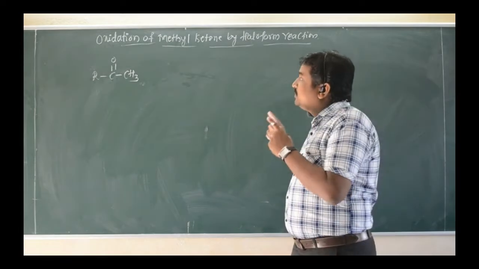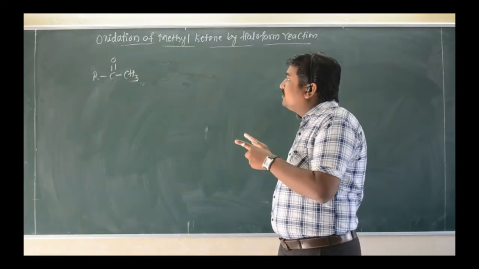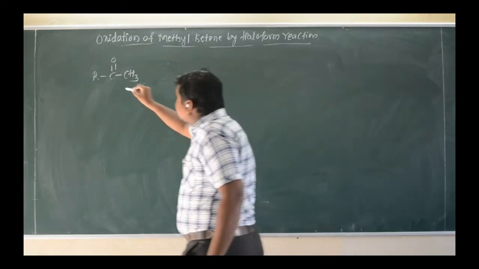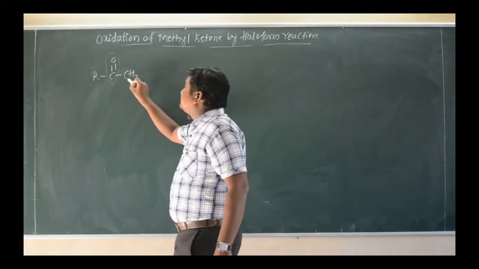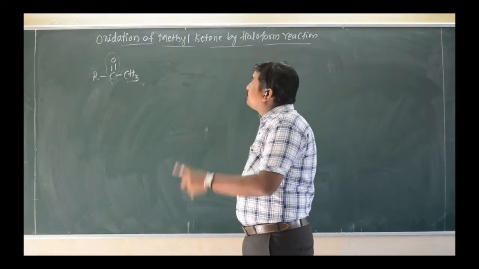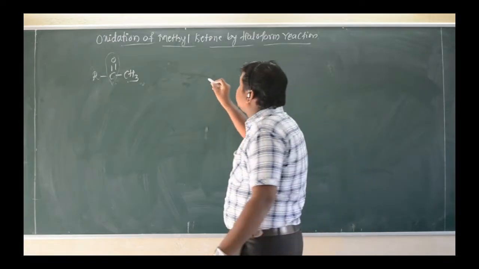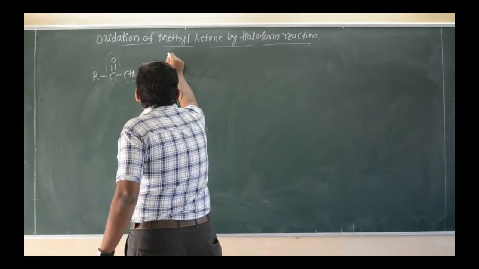Okay. So the ketone where the carbonyl carbon is at least attached to one methyl group, such ketones only undergo the haloform reaction. I will write here sodium hypohalite, how it is produced.